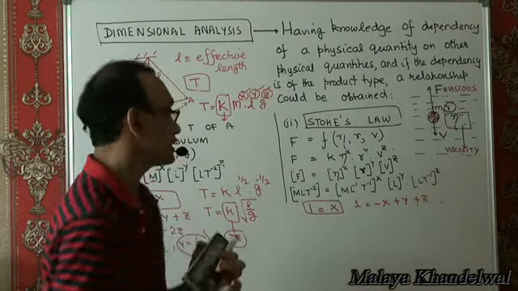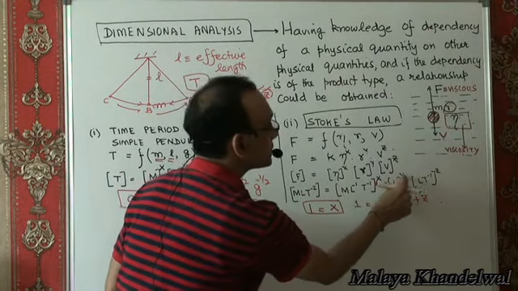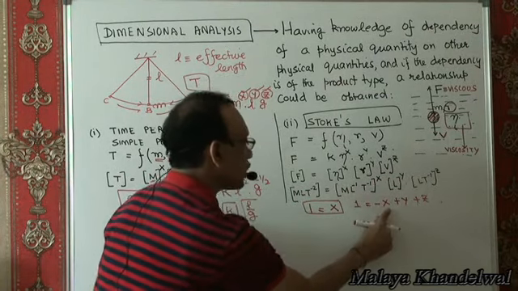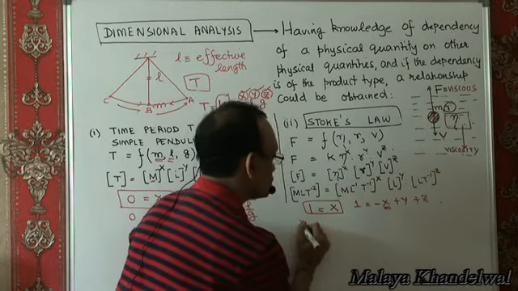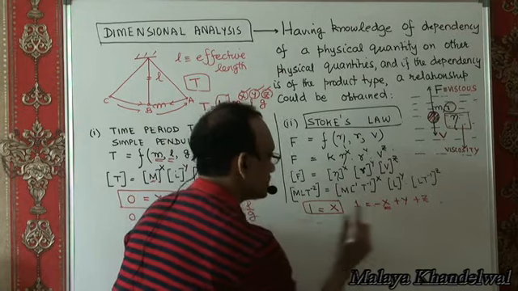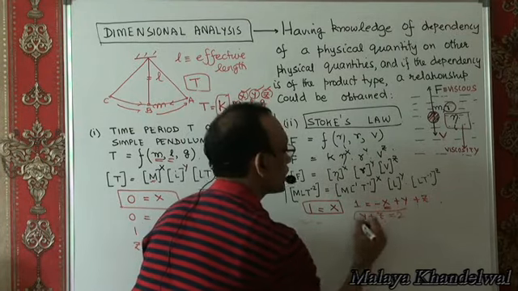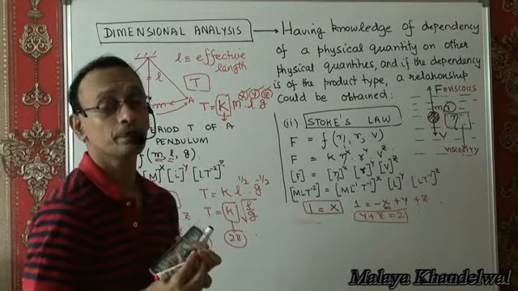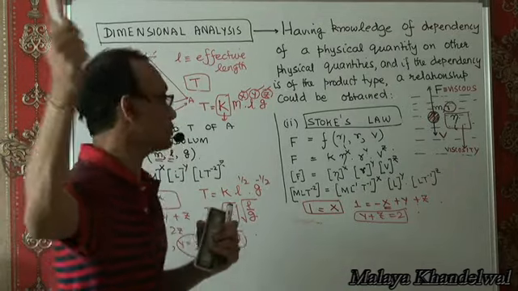So 1 equals minus x plus y plus z. And x is already given to be 1. So if you plug in x equal to 1 here, you get y plus z equal to 2. That's obtained by equating powers of dimension L on both sides.